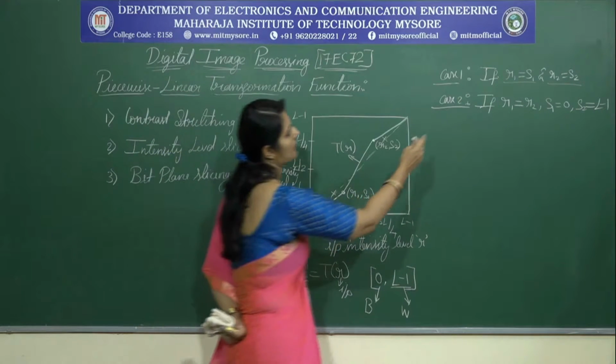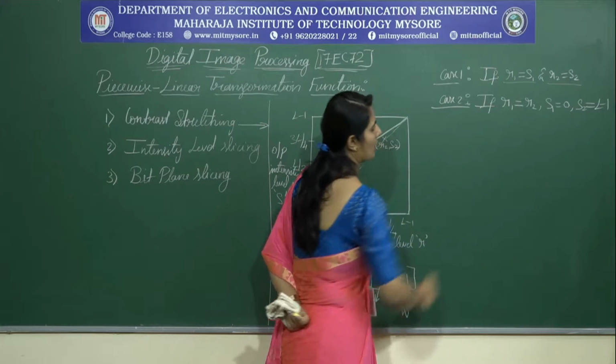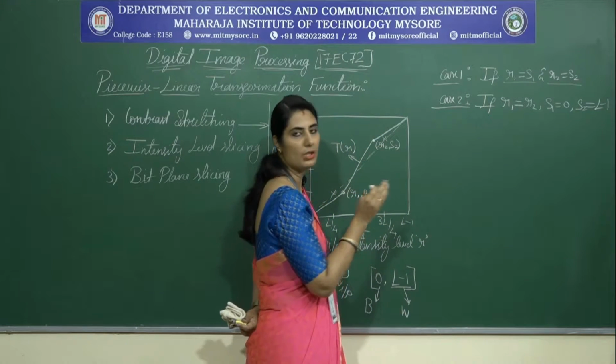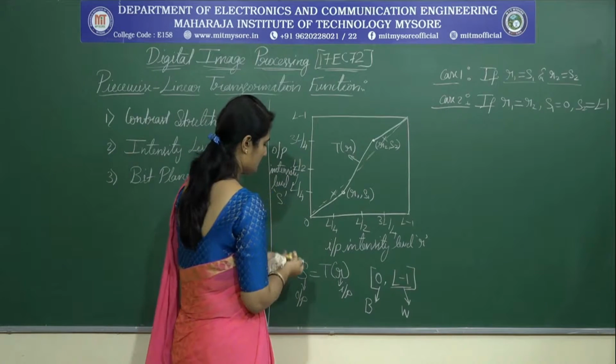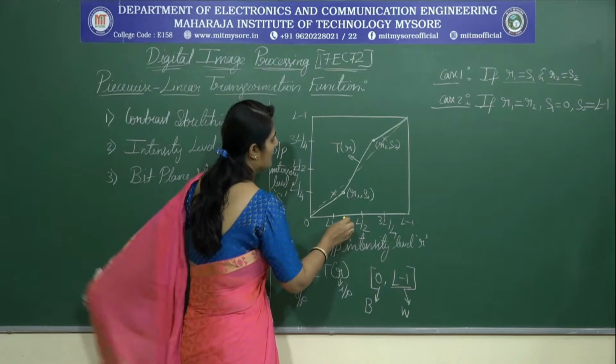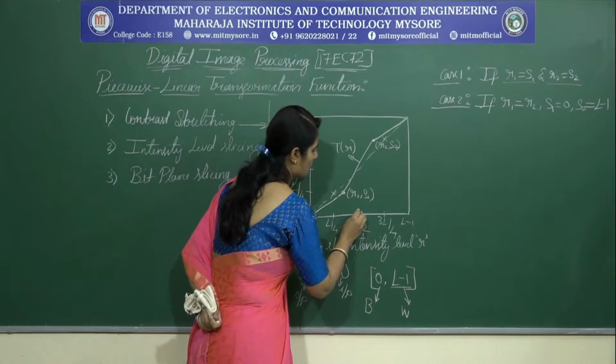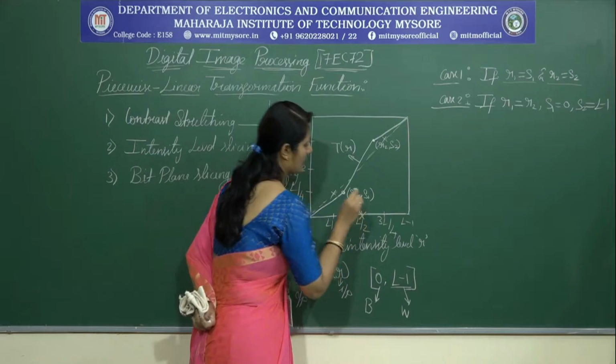So now if I choose r1 = r2 and s1 = 0 and s2 = L-1, then let r1 = r2 be L/2.